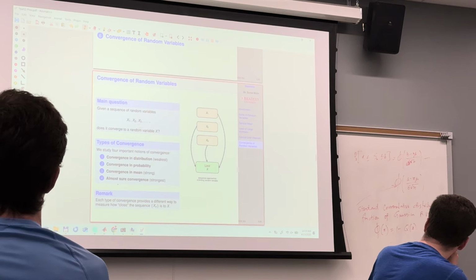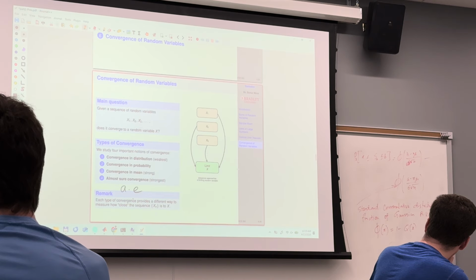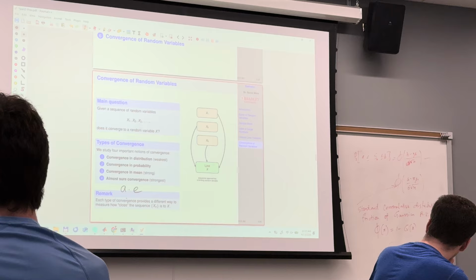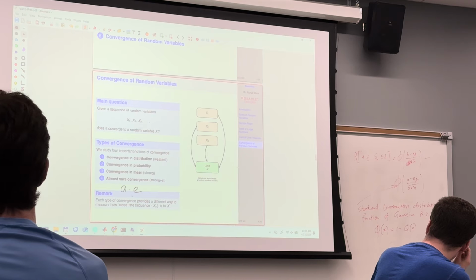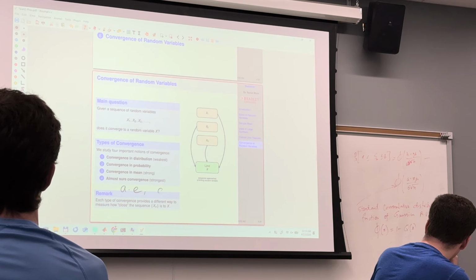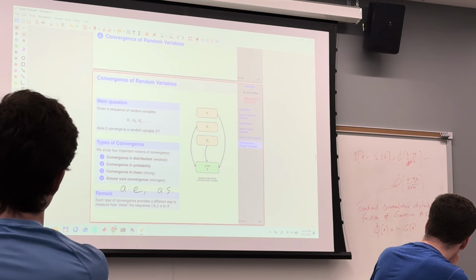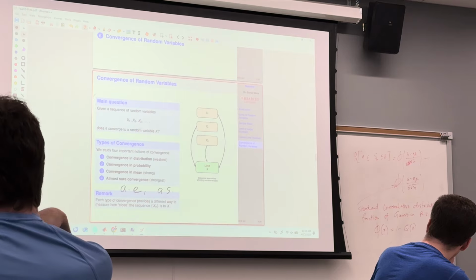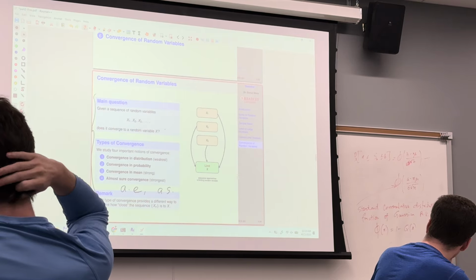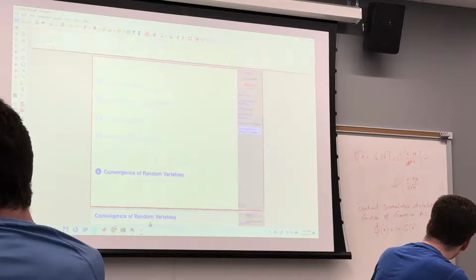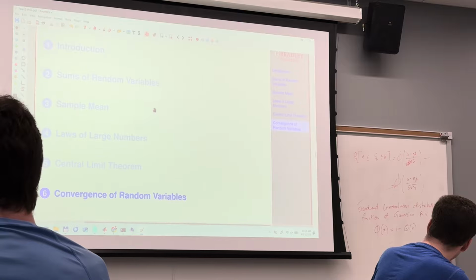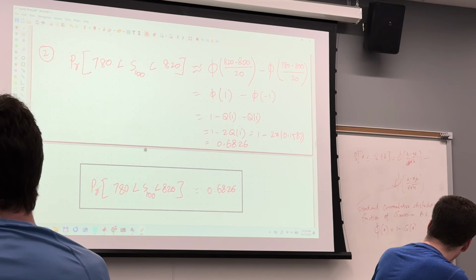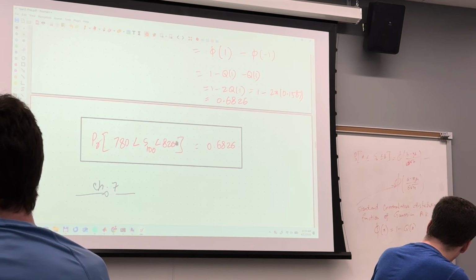People in mathematics call it a.e., almost everywhere or almost surely. People use this sort of acronym. These are a bit advanced topics that I will not go through, but I am going to conclude chapter 7 right on the central limit theorem with this example.